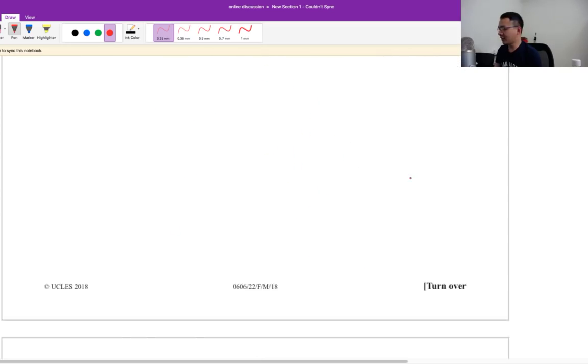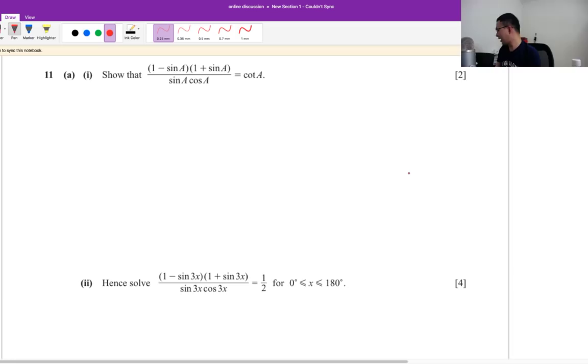Alright, so let's move on to 11. You need to show this one. It is basically quite simple. This is (A minus B) multiplied by (A plus B), so you will get A squared minus B squared.